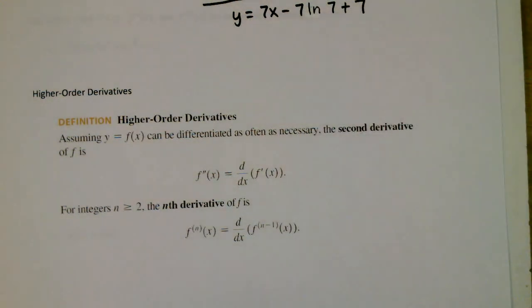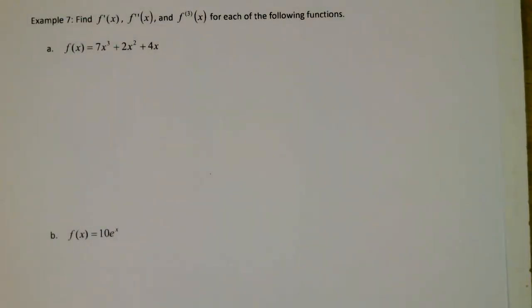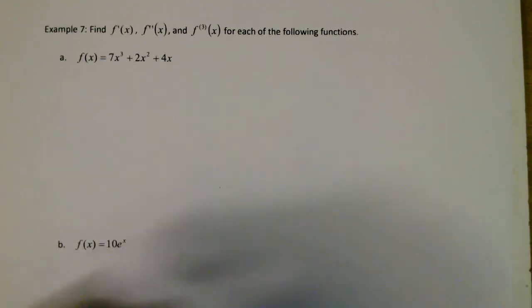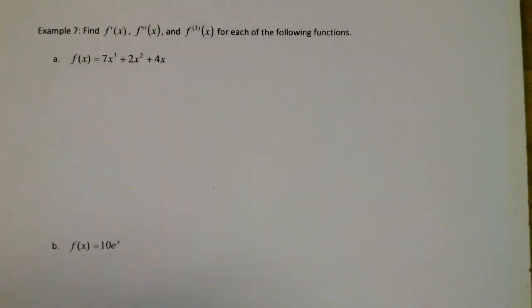Now let's look at some examples of this on the next page. Let's say we want to find the first derivative, the second derivative, and the third derivative for each of the following functions. So here we're looking for f prime of x, f double prime of x, and f triple prime of x.